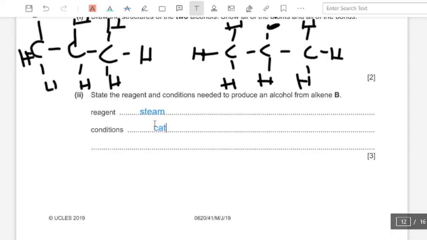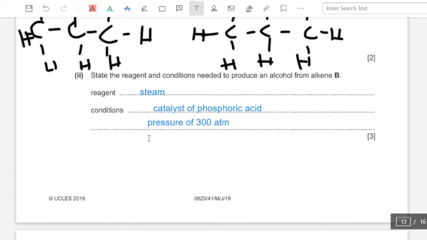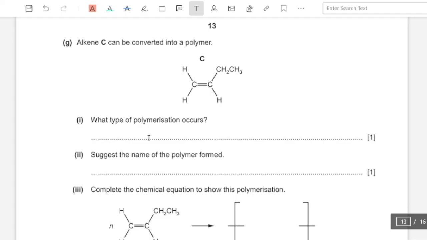Catalyst, okay, so I'm going to be writing catalyst first. And we can write either of the temperature or pressure because catalyst is important. I'm going to be writing the pressure. Okay.